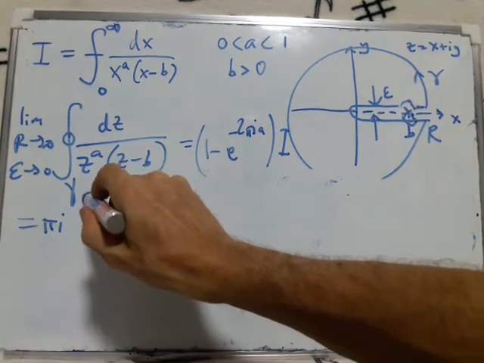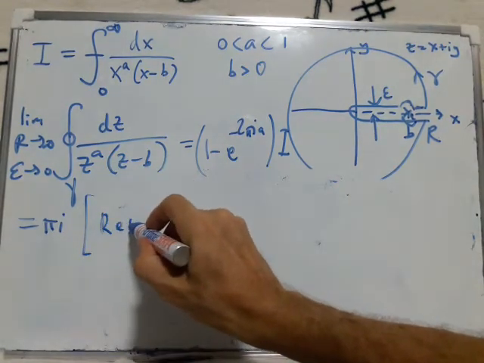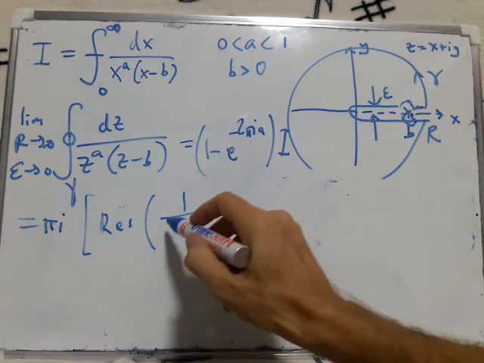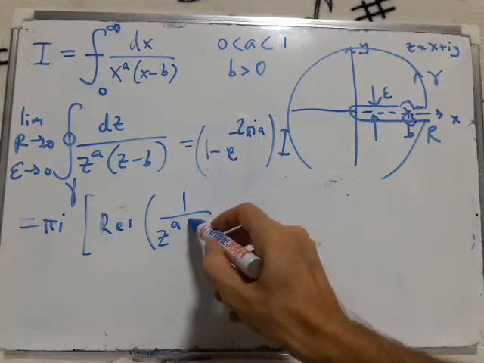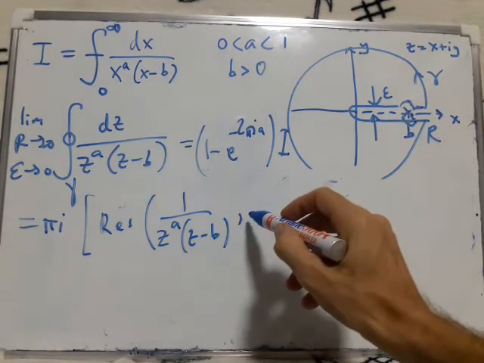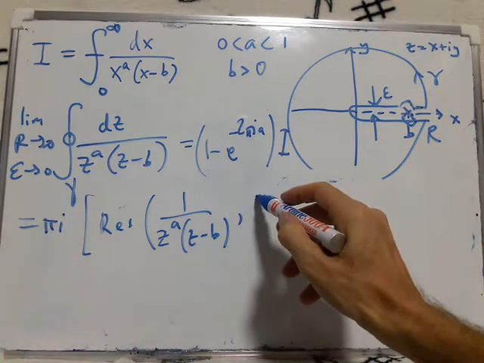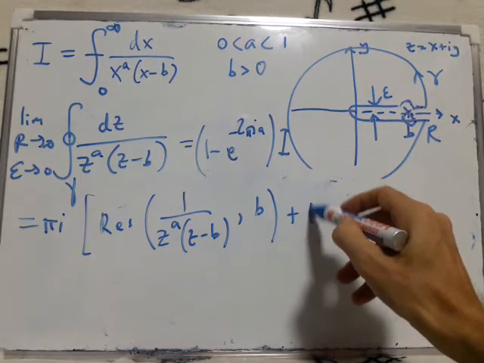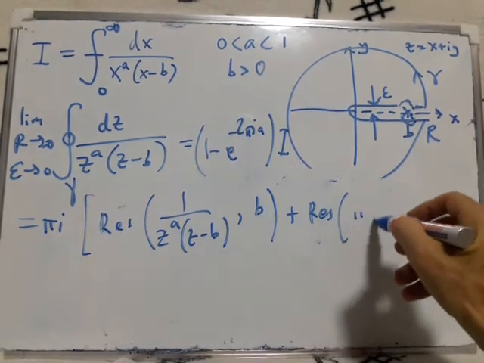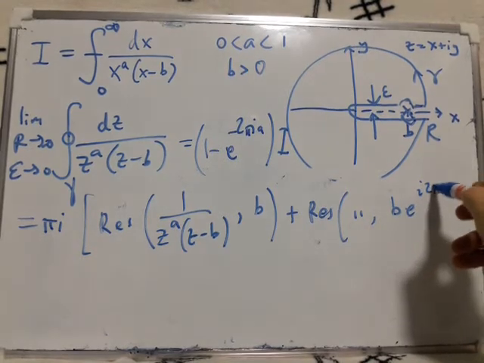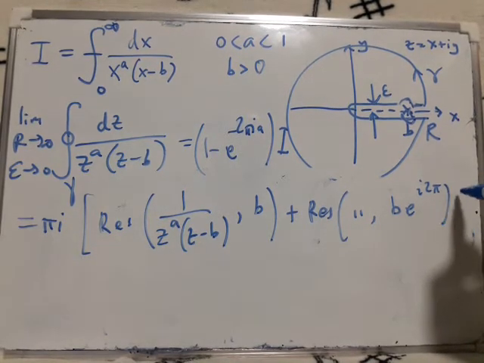And then we've got the residue of this function at b, and the same function at b times e to the i 2 pi.